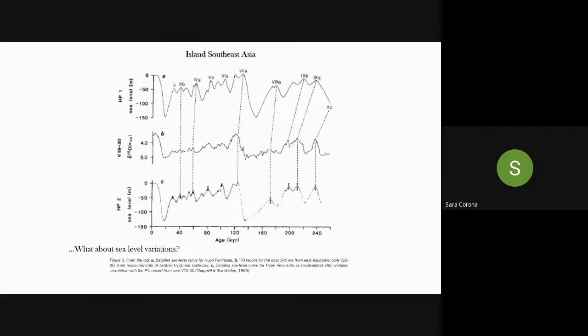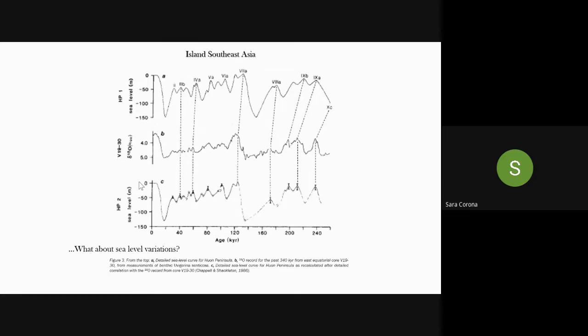But there's actually no consensus over whether we can consider it valid for the whole of Indonesia and for island Southeast Asia in general. The only consensus, as I said, is that during the past 2 million years, sea level has never dropped enough to connect the Wallacean Islands to either land mass.